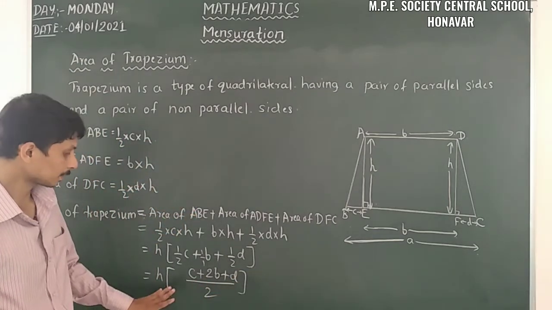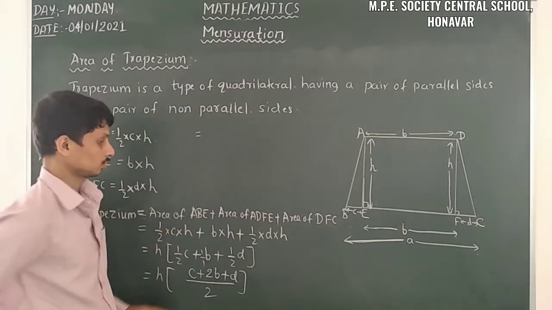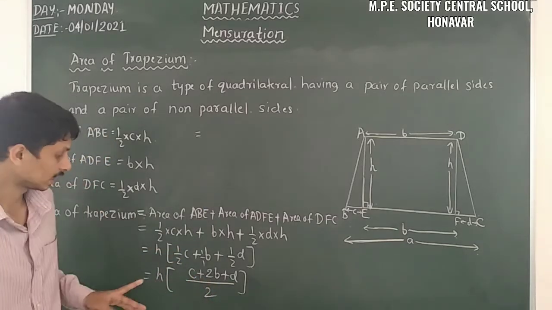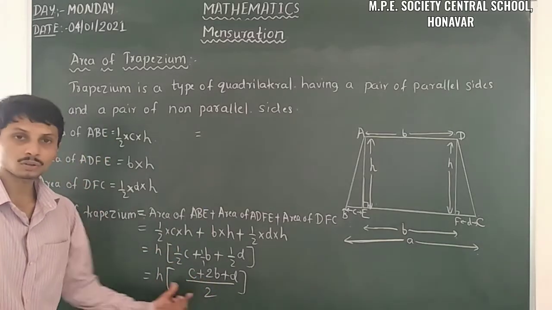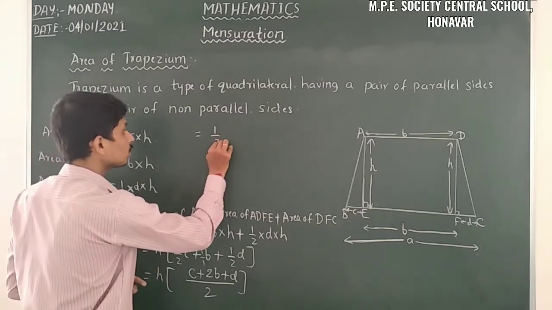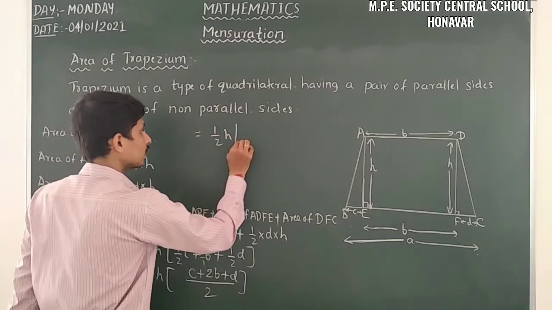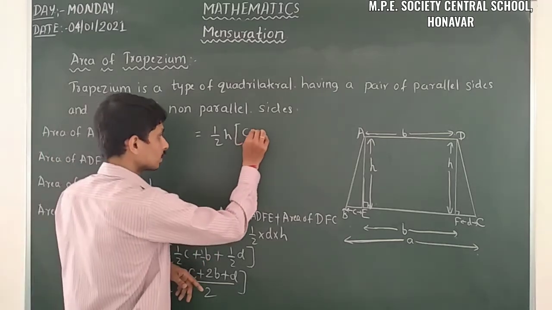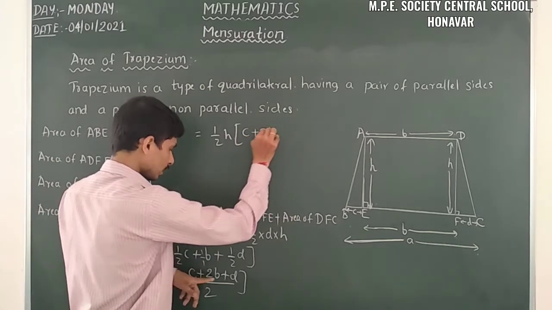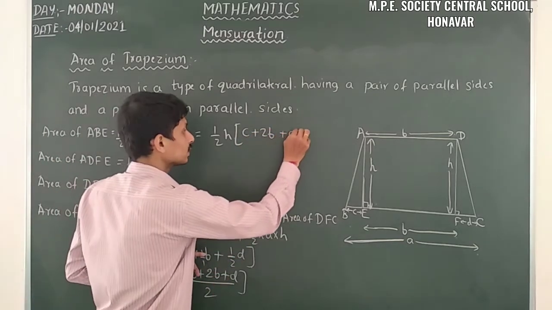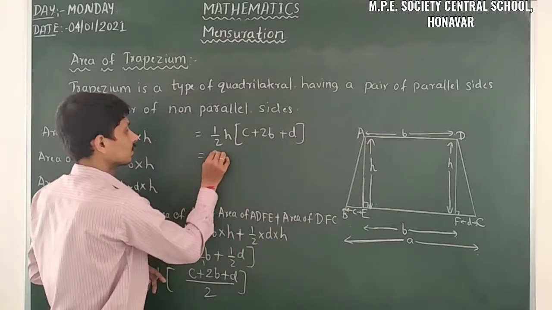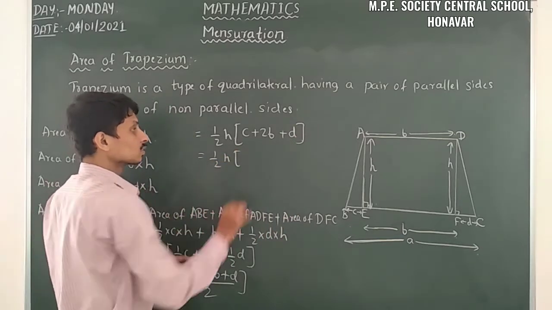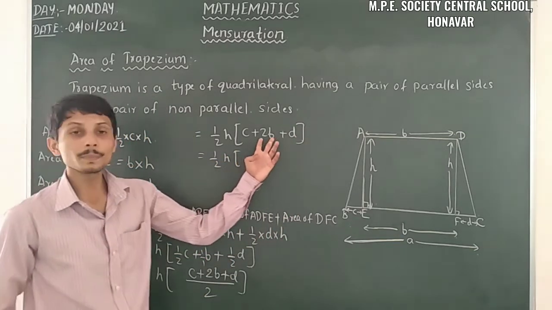Yes, so after that I will write here. So you have to continue here only. Just observe, I will take out 1 by 2 into H, into, so what remains here? C plus 2B plus D is in the bracket. So here we have 2B.